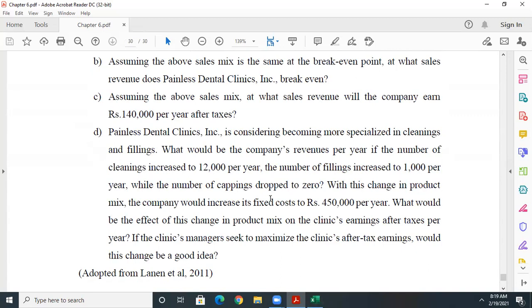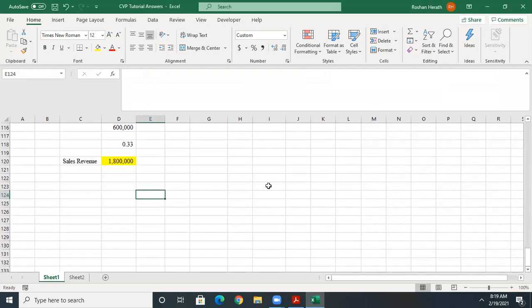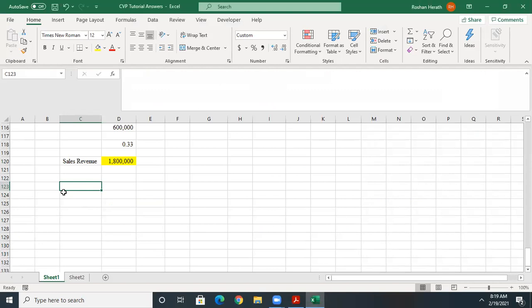So here you can work it out in two main ways. One is to take the full cost basis. So in that you can consider the new situation and work out the profit. Here I think it asks you the after-tax profit. So let's consider this full cost basis and work out the after-tax profit.